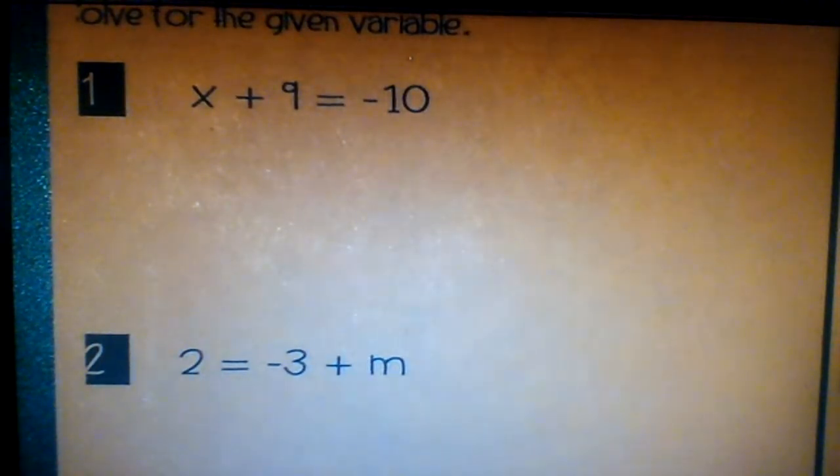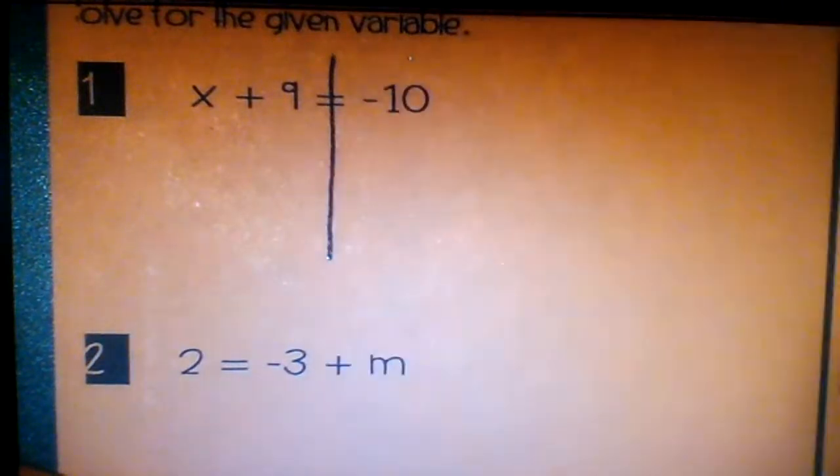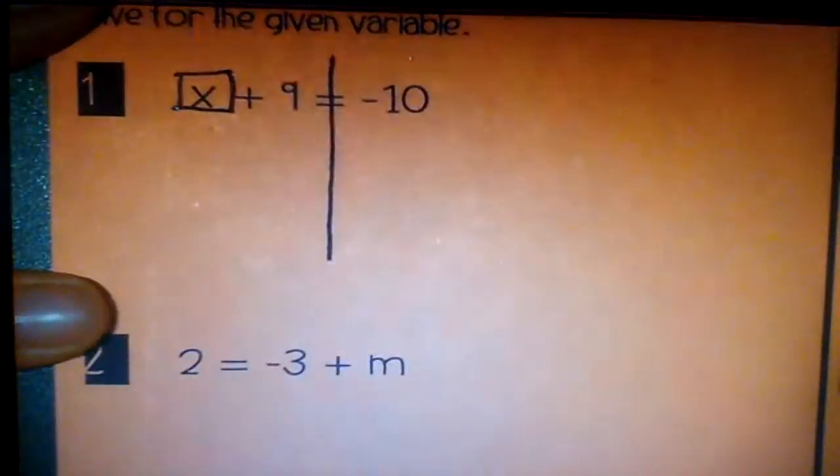So I always tell my kids, where you see the equal sign or the inequality sign, I want you to draw a line. Anytime you take anything across that line, you have to change the sign. You must use the inverse operation. So my job right now is to get X all by itself.